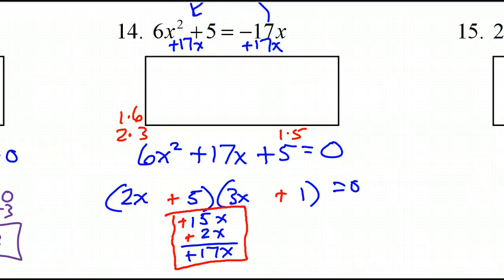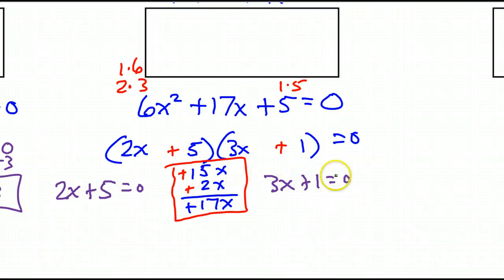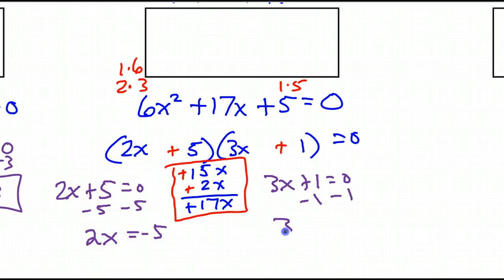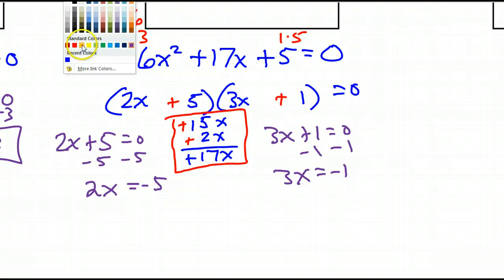Okay, now we'll just do the zero product property. Subtract 5 and 1. I've got 2x equals negative 5. 3x equals negative 1. Time to divide.